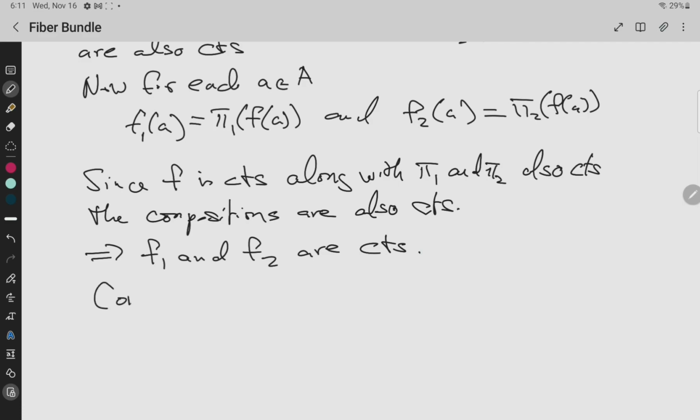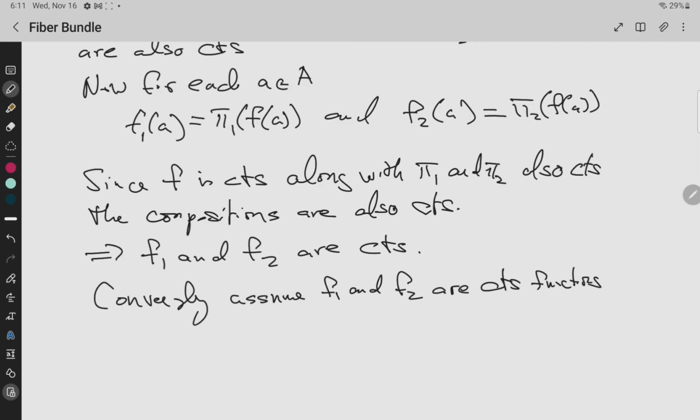Conversely, we have to go the other way. We assume that f1 and f2 are continuous functions to begin with, and then we need to show that the function f is also continuous. If you can do that, then you prove the theorem.